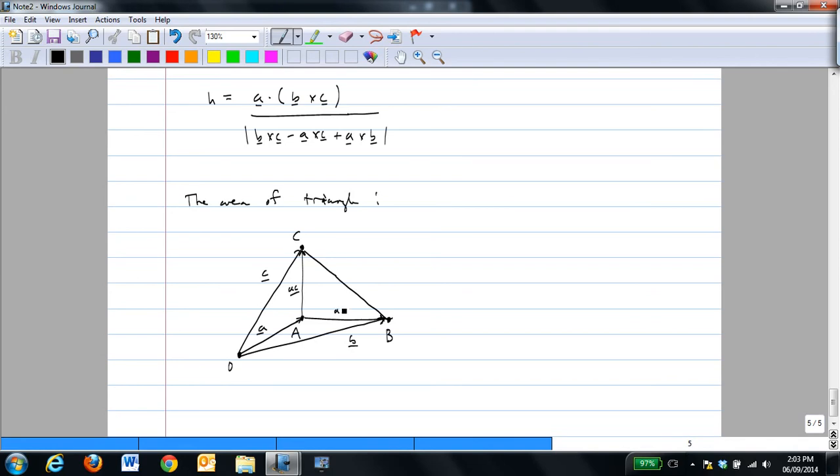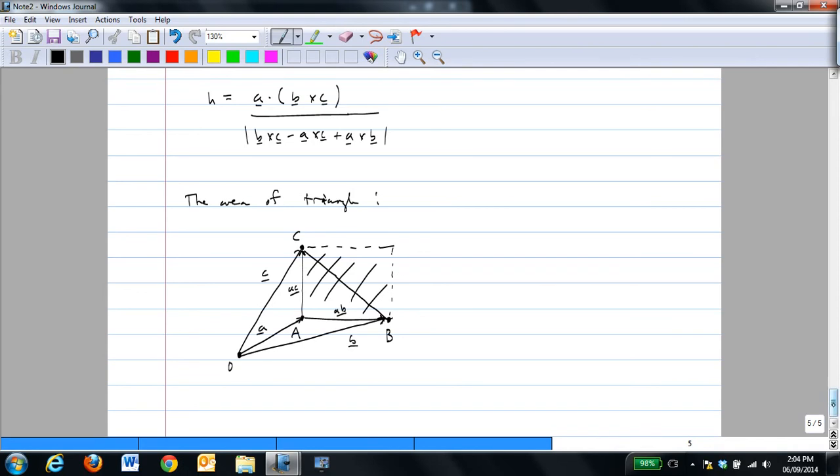When we find the cross product between these two vectors, we'll get the area of a parallelogram, the full area here. But we want to find half of that, so we simply divide it by 2.